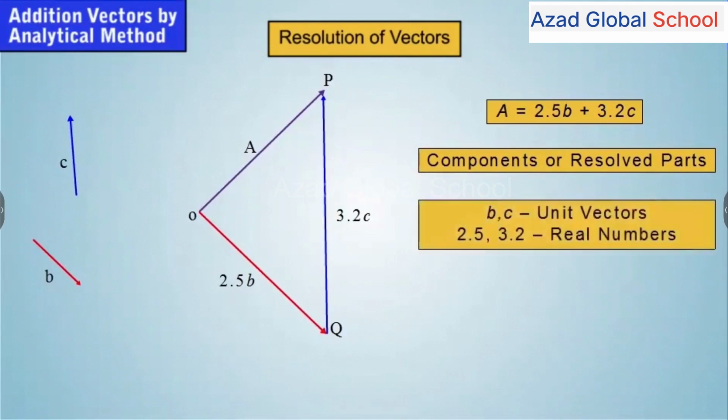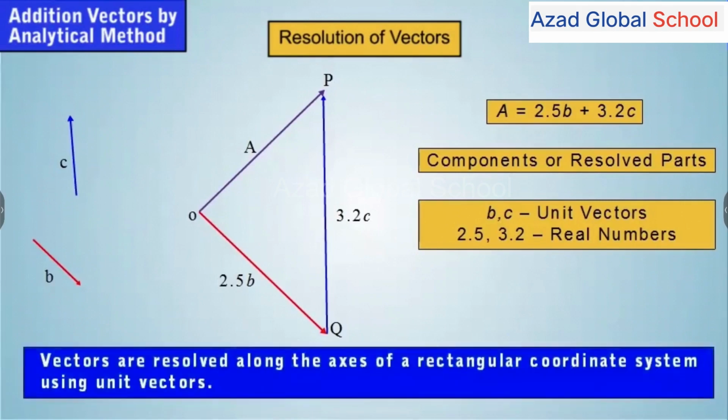In this expression, B and C are the unit vectors, and 2.5 and 3.2 are real numbers. Usually, vectors are resolved along the axis of a rectangular coordinate system using unit vectors for convenience.